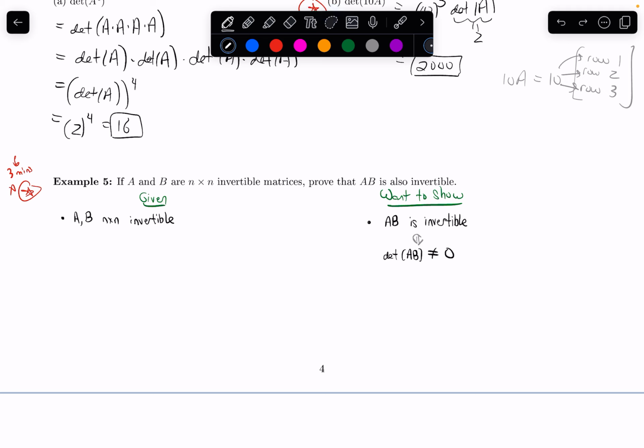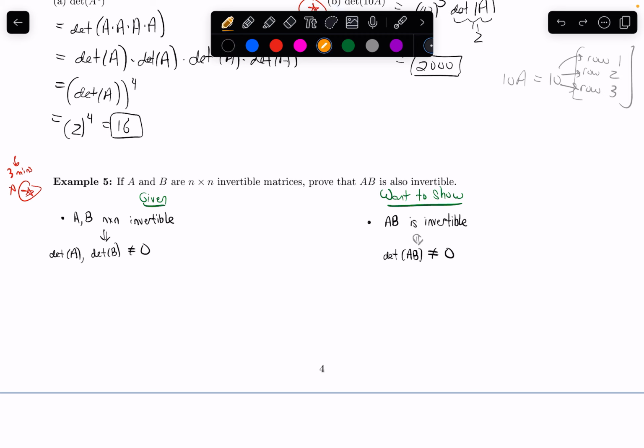Well, if I go to the given side, I'm told that both A and B are invertible. So if I use determinants on that, that would tell me that the determinant of A and the determinant of B, both of those are not equal to 0. So now I'm almost there. What's the connection between both of these determinants not being 0 and then being able to say the determinant of A times B is not 0?